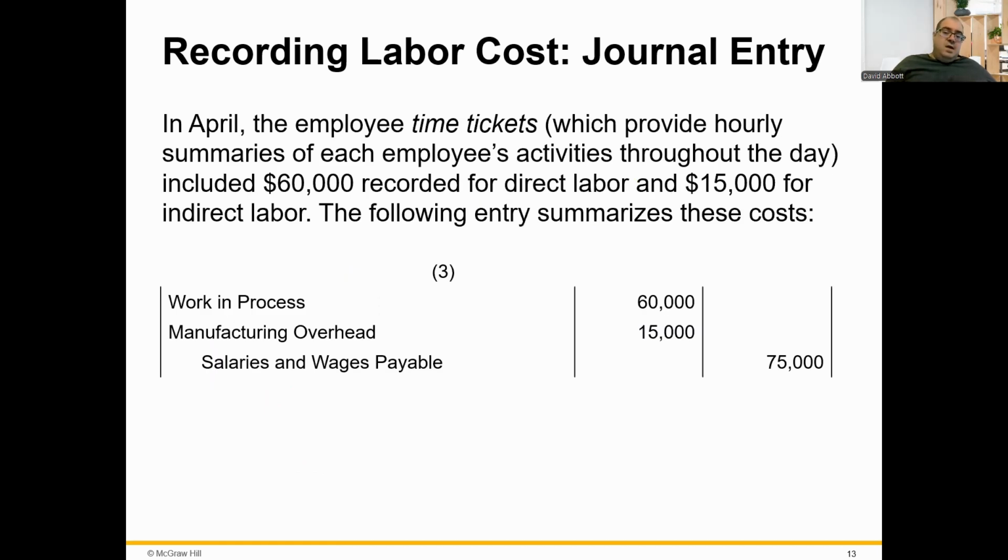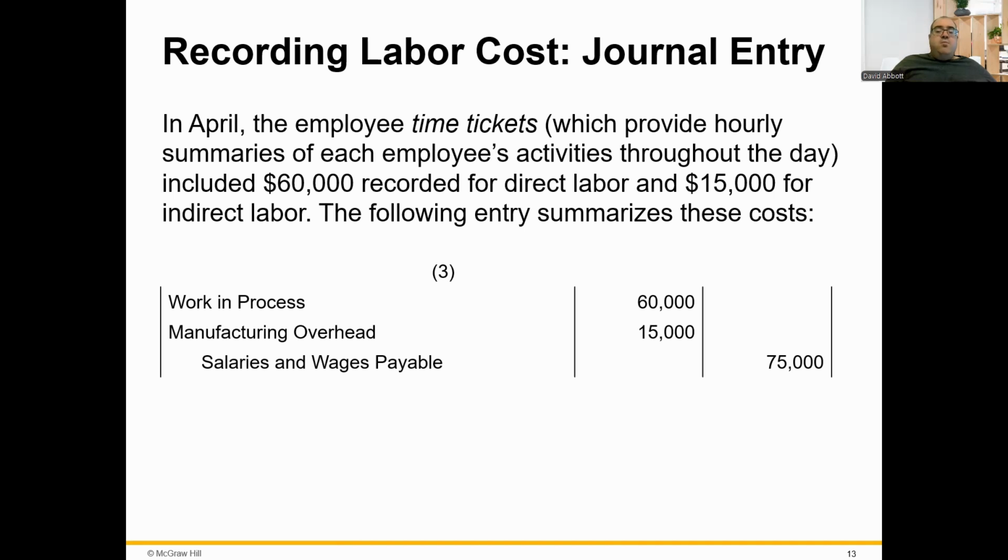And this is an example of a journal entry. So they had employee time tickets that provide hourly summaries of each employee's activities throughout the day, included 60,000 recorded for direct labor and 15,000 for indirect labor.